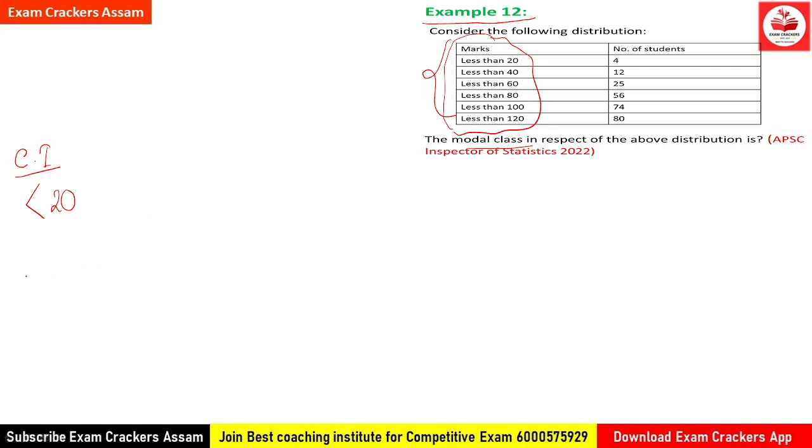Less than 40, to write it properly, from 20 to 40. Next from 40 to 60. Then 60 to 80, then 80 to 100, and the last one is 100 to 120.